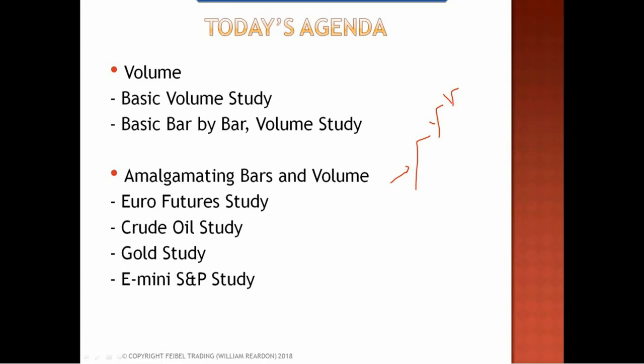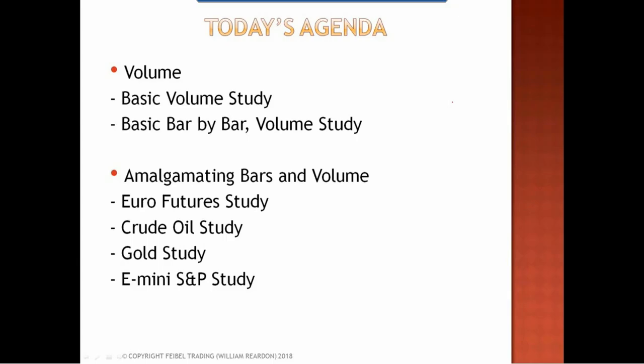But now we are going to apply volume to our analysis, and this brings our static 2D charts of price bars into the third dimension. It brings the humble chart alive. What do I mean by this? Well, volume is activity.